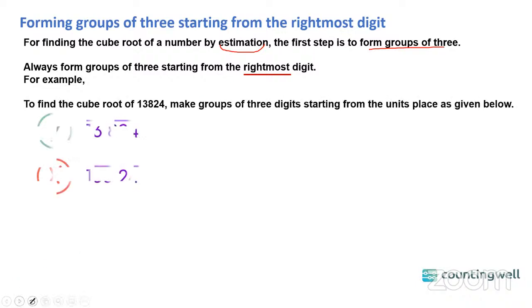For example, if you want to find the cube root of 13,824, make groups of 3 digits starting from the units place and starting from right. So you have to group the digits like 824 and 13, not 138 and 24. This is the correct way and this is the wrong way.